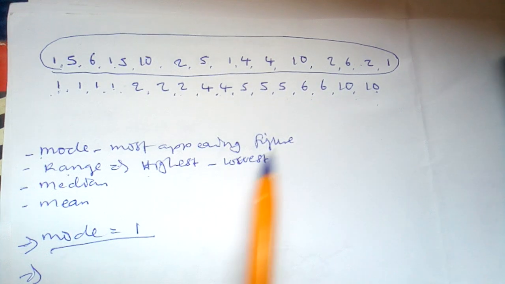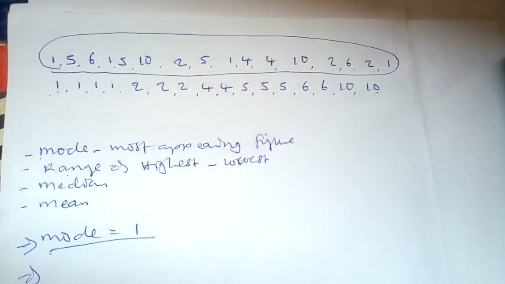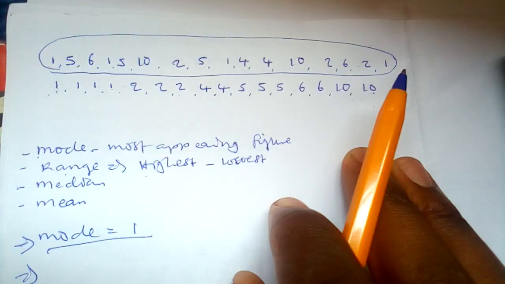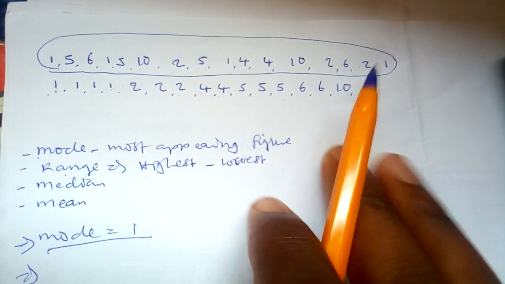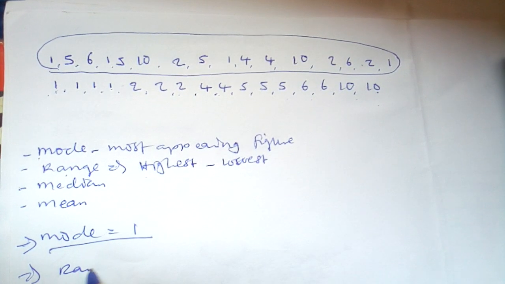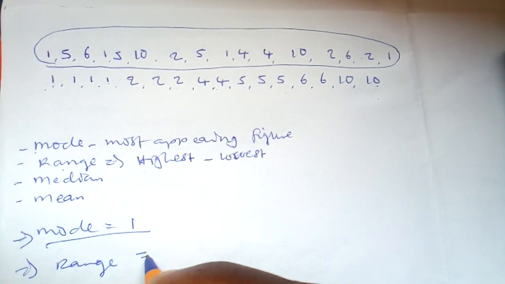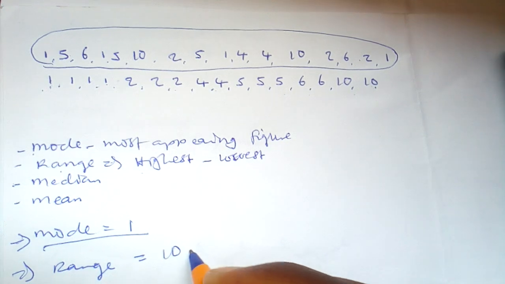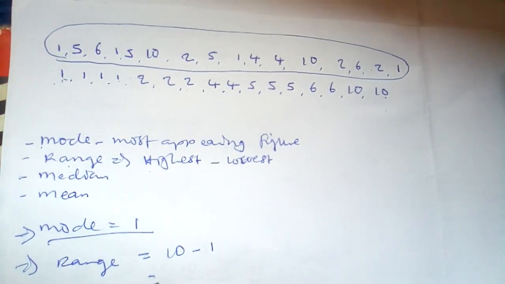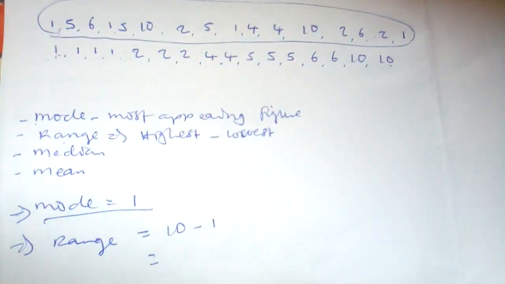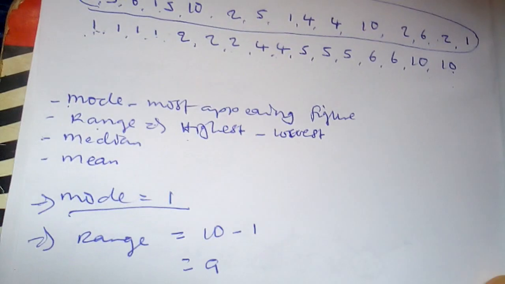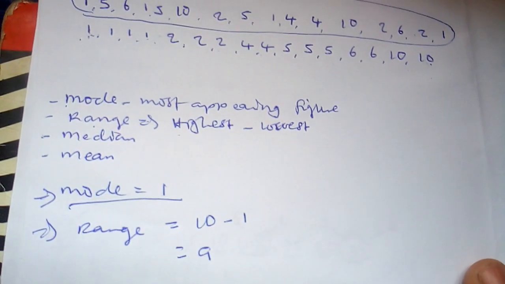From a data set, you'll be given different numbers. You just need to know which one is the highest and which one is the lowest from that given set of data. So the highest value is 10 minus the smallest, 1. So here our range of this data set is 9. This is how simply you find the range.